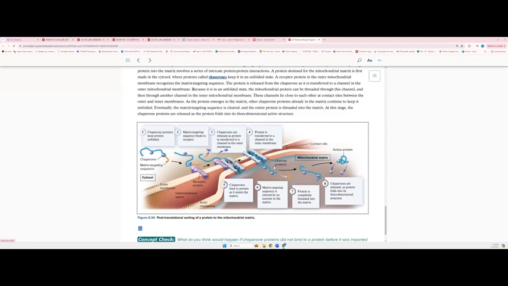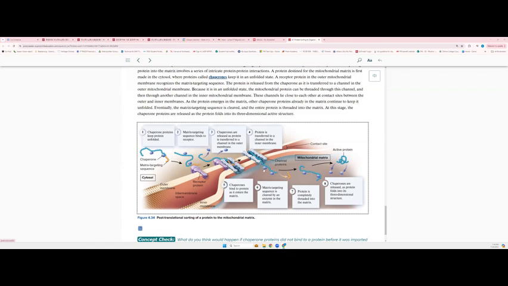Then the protein transfers from the cytosol, outside, and goes through those membranes. Now it's inside, because all the organelles are within the cell. It goes through the channels, and when it's inside, the chaperone will again bind to the protein.